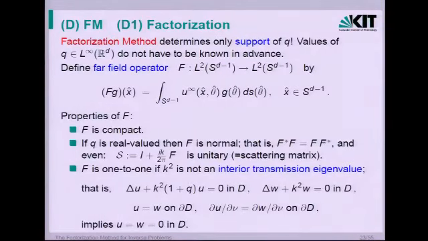And on the boundary, the Cauchy data coincide. U equals W, and the normal derivative also coincides. Of course, U and W equal to 0 is a solution. But if you can find numbers k square such that you can find non-trivial solutions, then this is called an interior transmission eigenvalue.